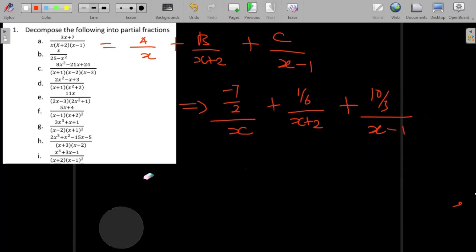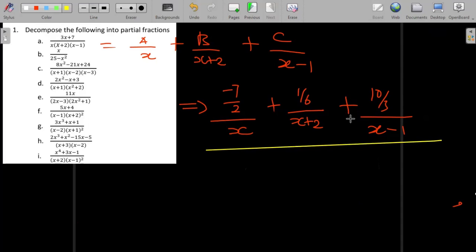Okay, so from there, I can just leave it like that to avoid complications. If you want, you can just leave it like this. So this is the final answer here. But if you want, you can multiply both the numerator and the denominator of this one by 2.